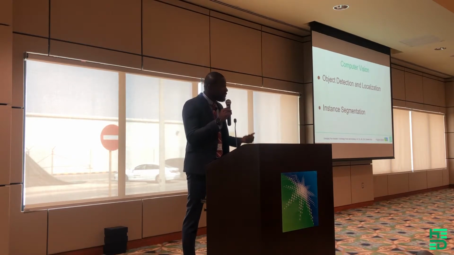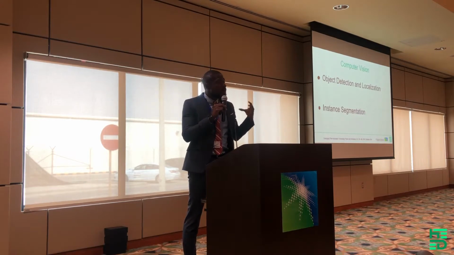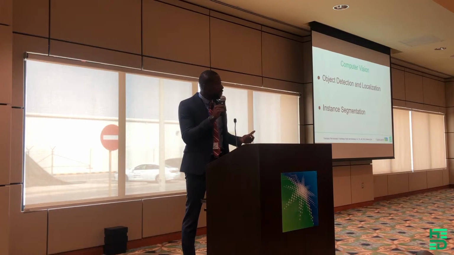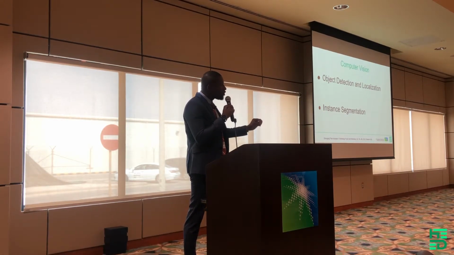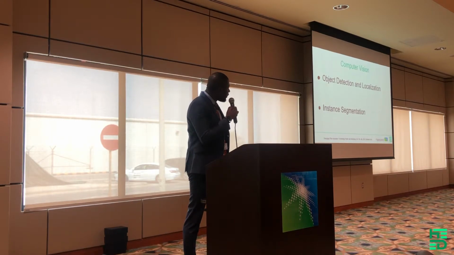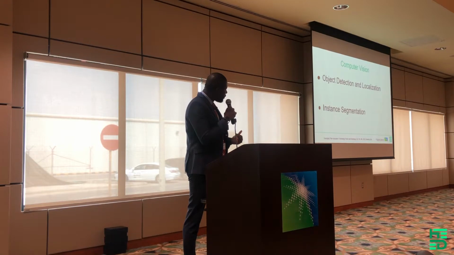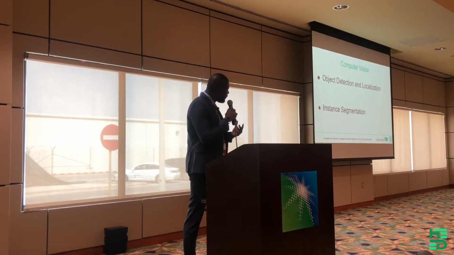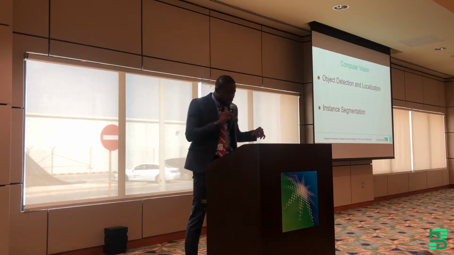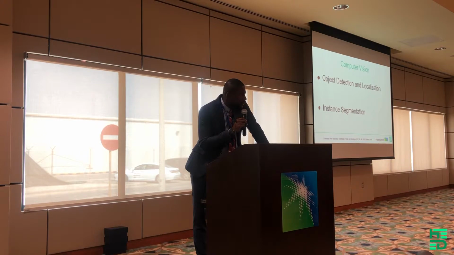It has always been there, but previously it was a lot more customized or manual classification. Basically, you're building a custom solution for a custom problem. But with the advent of computer vision and deep learning, you can now do a lot of things. So we considered 2 types of computer vision tasks. One is object detection and localization.